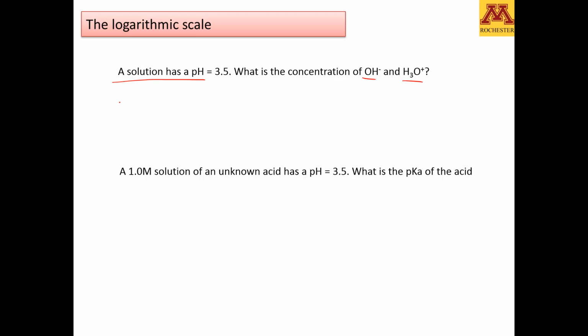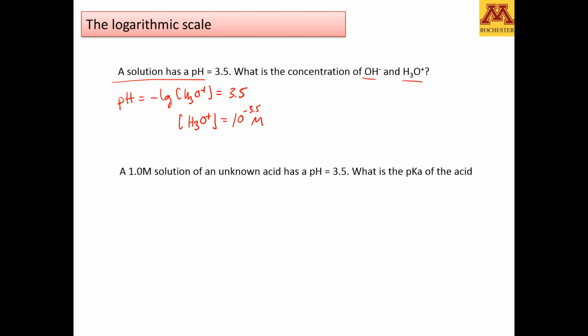If pH, which is the negative log of H3O+, is 3.5, how do you get the concentration of H3O+ inside the log? Well, you do 10 to the negative 3.5 molar. There you go. You got the concentration of hydronium ion.